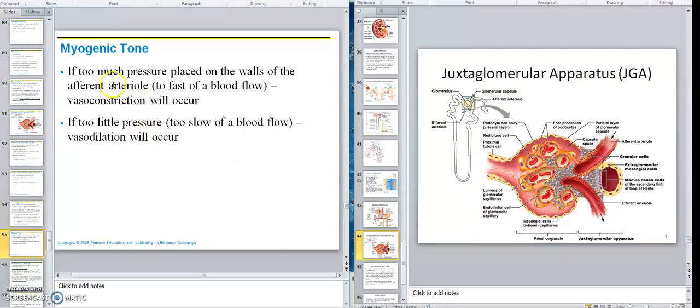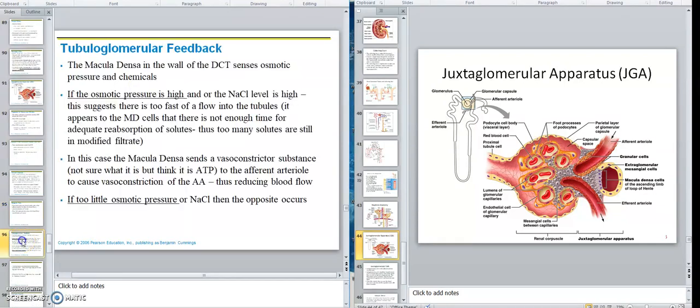Myogenic tone: if too much pressure is placed on the walls of the afferent arteriole, vasoconstriction. If too little pressure, vasodilation. We've talked about this. Tubuloglomerular feedback, macula densa: if the osmotic pressure is high or the salt level is high, this suggests there's too fast of a flow in the tubule.